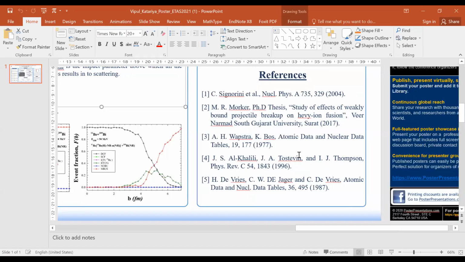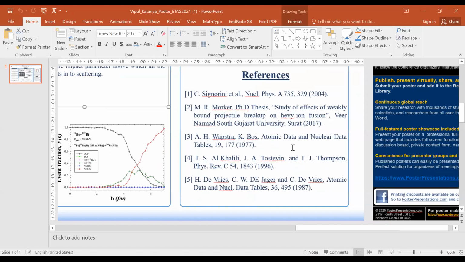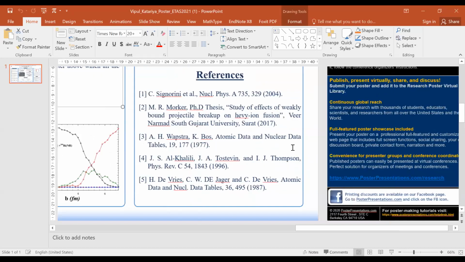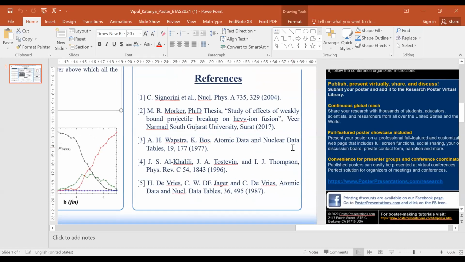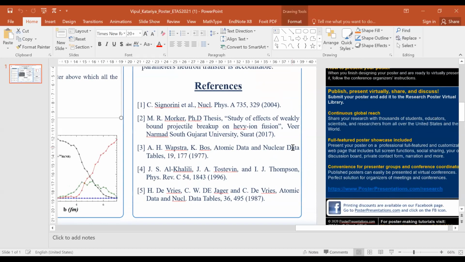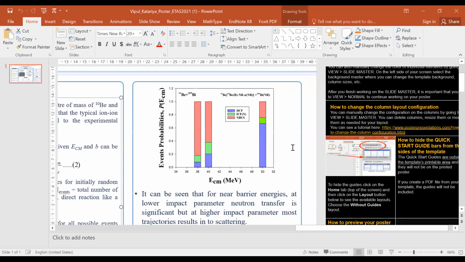Now we can also represent this in terms of event probabilities for different energies. Here we have the event probabilities for three events: direct complete fusion, which is represented by this purple color; the incomplete fusion of neutron, which means the neutron transfer reaction, indicated by this green color; and non-breakup scattering, which is represented by orange color.